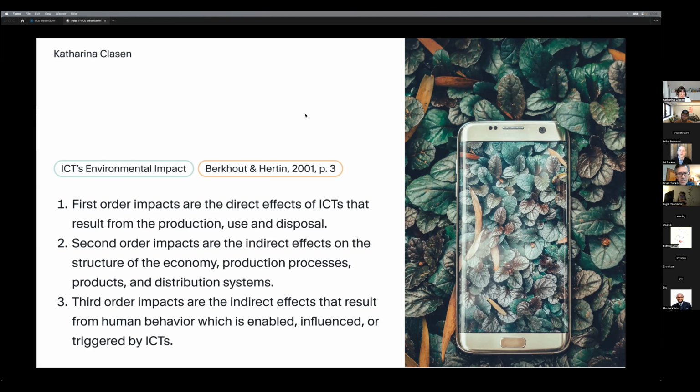As an example, we have more consumption today, stimulated by the impact of information communication technologies on our lifestyles and value systems. So that increases our consumption. As you can see, the effects are manifold and also really complex.